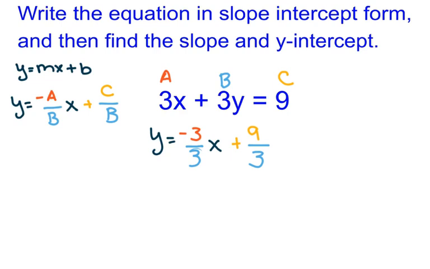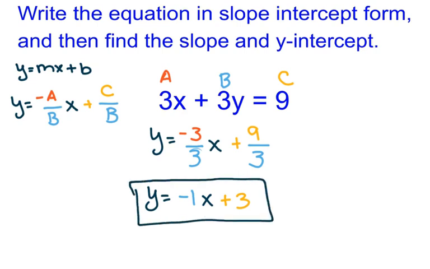And this is something, if you prefer it this way, you just need to make sure you write this down and start to memorize it. So then we would just reduce those fractions. So negative 3 divided by 3 is a negative 1. And then 9 divided by 3 is 3. So we can see that this equation changed to negative 1x plus 3.